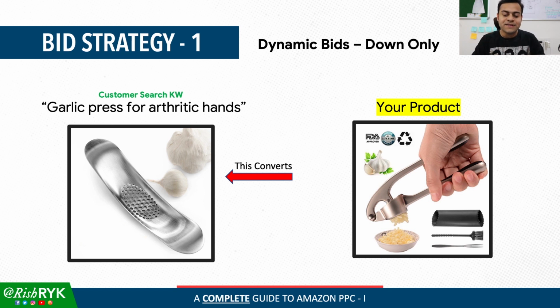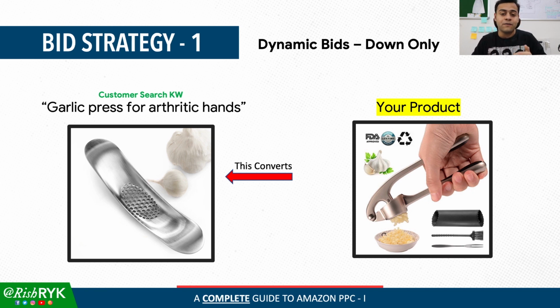What does it mean? Let's say you were selling a garlic press and your product was the one you see on the right side, a normal garlic press. But there are some special garlic press products available on Amazon which are designed for arthritic hands. People who are suffering from arthritis buy those garlic presses. So let's say your product started showing up because you were bidding for a broad keyword called garlic press, and garlic press for arthritic hands was also showing your product, but people were not converting on that advertisement.